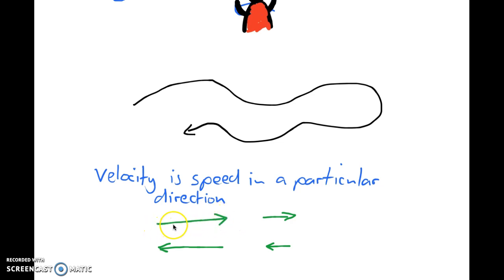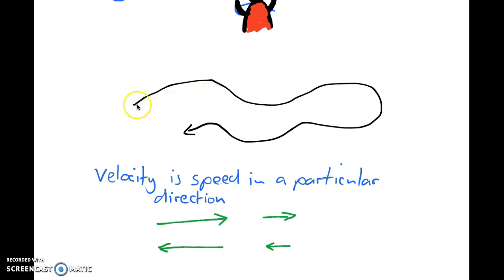So the length of the arrow tells you the size of the speed, so the magnitude, and the arrow shows you direction. So the arrow gives you two bits of information, the size and the direction. So this is a big velocity to the right, and this is a small velocity to the right, and then this arrow is a big velocity to the left, and this is a little velocity to the left.